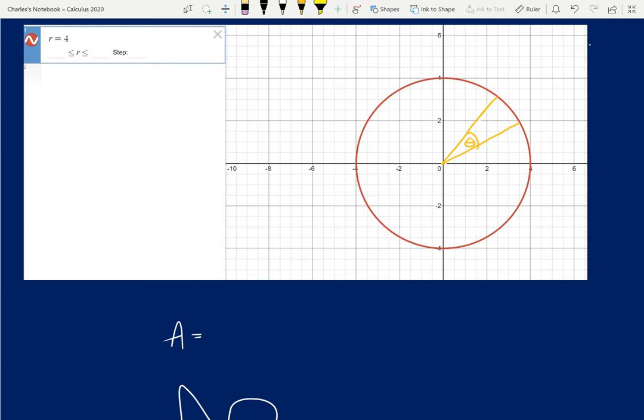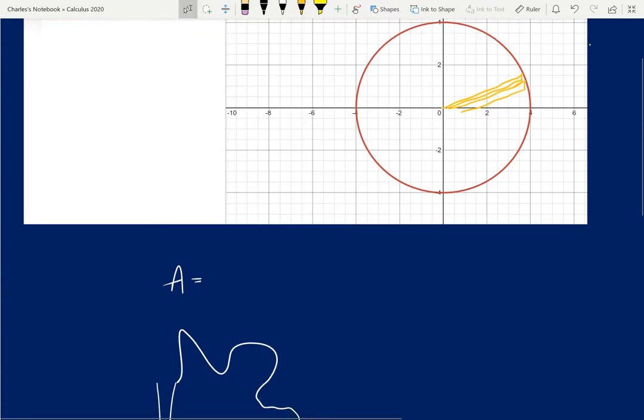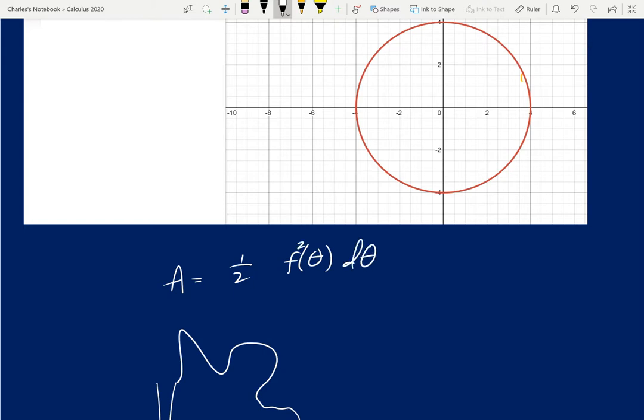This is just circles, but this motivates the theory for finding the area around any curve. In fact, we're going to think of very little right triangles. And we're going to think of the area around a circle as 1/2 f of theta squared d theta.